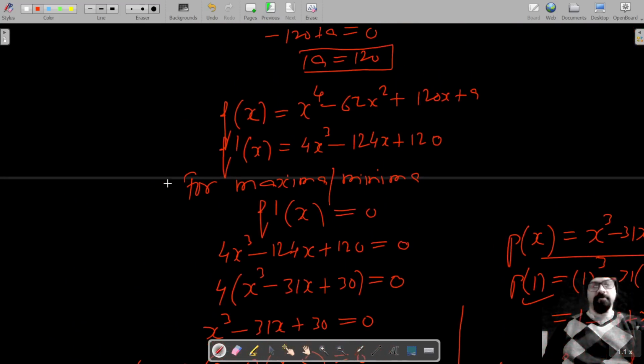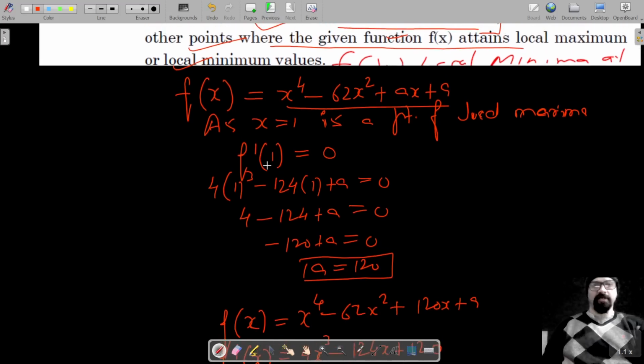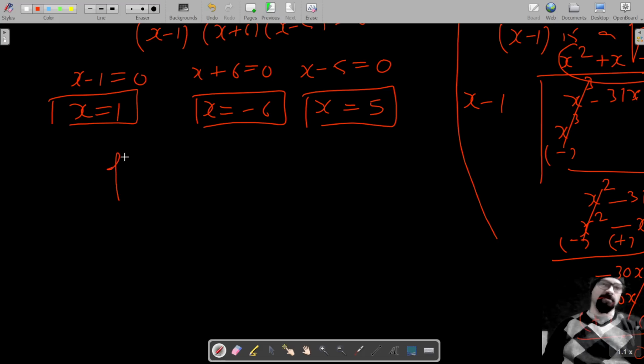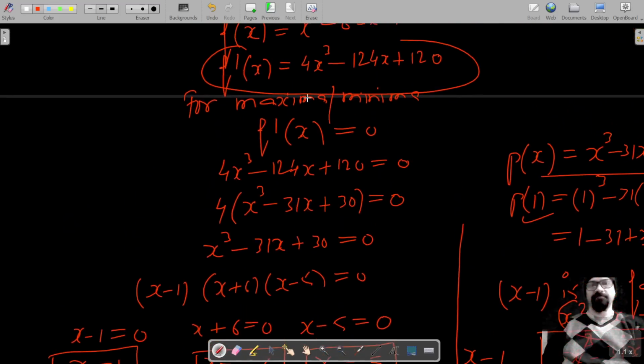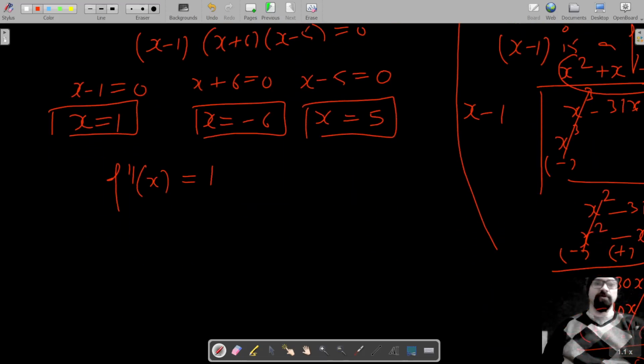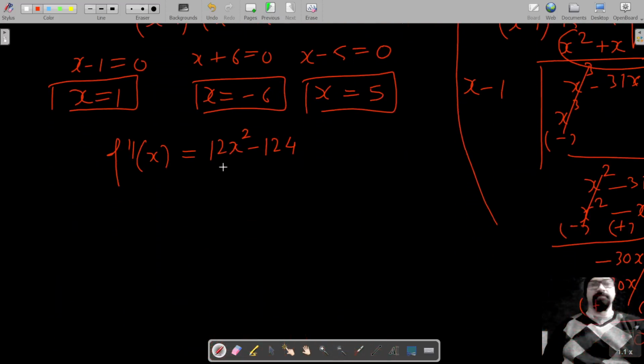These are our critical points. Now let's find the second order derivative to check whether these are points of maxima or minima. The second order derivative is 12x squared minus 124. Let's check it first for x is equal to 1.